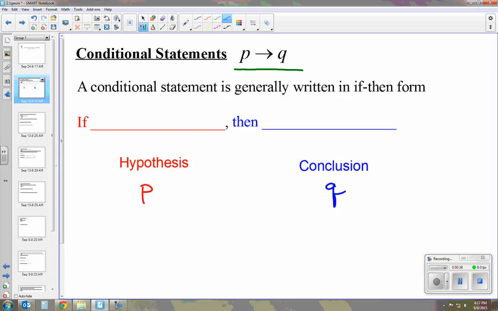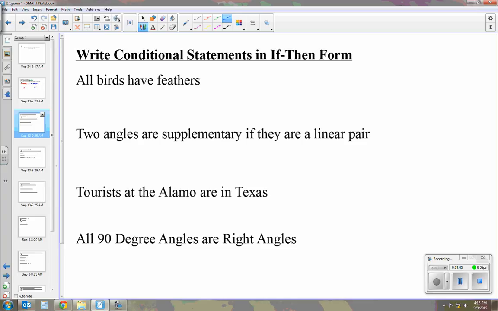So let's just make up a statement and say, if it is raining, then the ground is wet. So our P, or our hypothesis, is if it is raining, and our conclusion, our Q, is then the ground is wet.